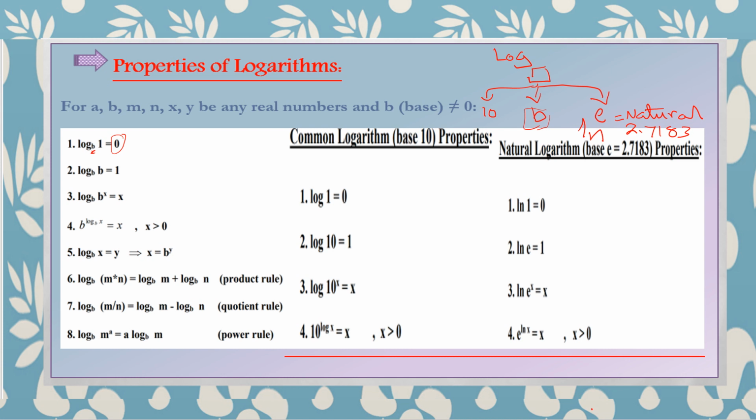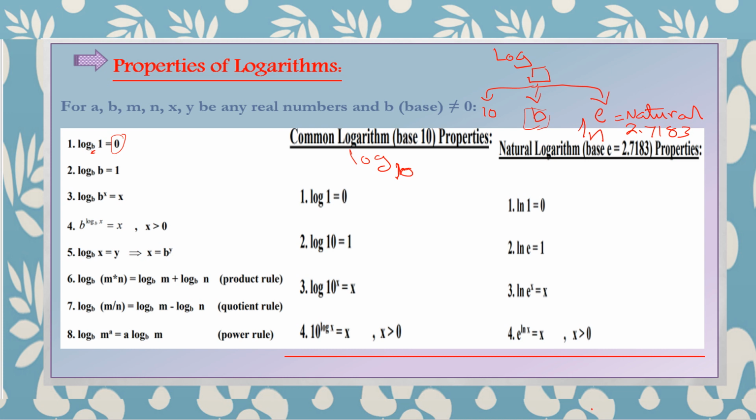So the first case, the common logarithm, which is log to the base 10, has some properties. The logarithm of 1 equals 0 with the base 10, and in this case we don't write 10.